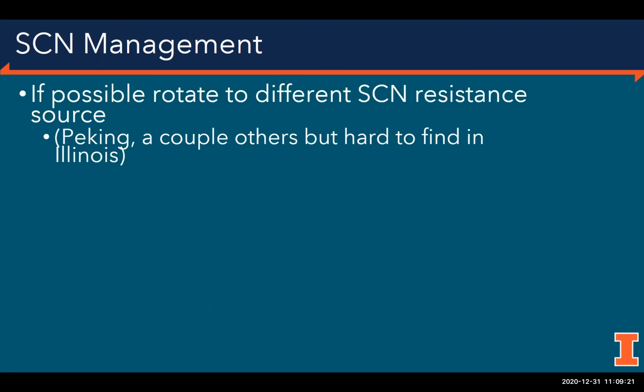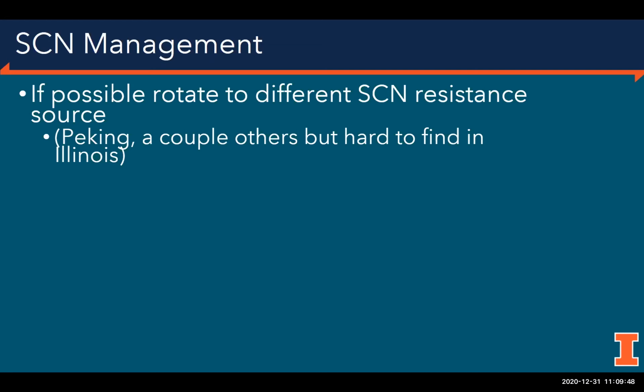So if possible, and if I'm talking about managing soybean cyst nematode, I guess I should have this as my second point, but first, if you're in a monoculture and you don't want to rotate to corn or something else, rotate at least your cultivars, because your cultivars will have different levels of the gene that causes that resistance to be more effective, even if it's PI 88788.